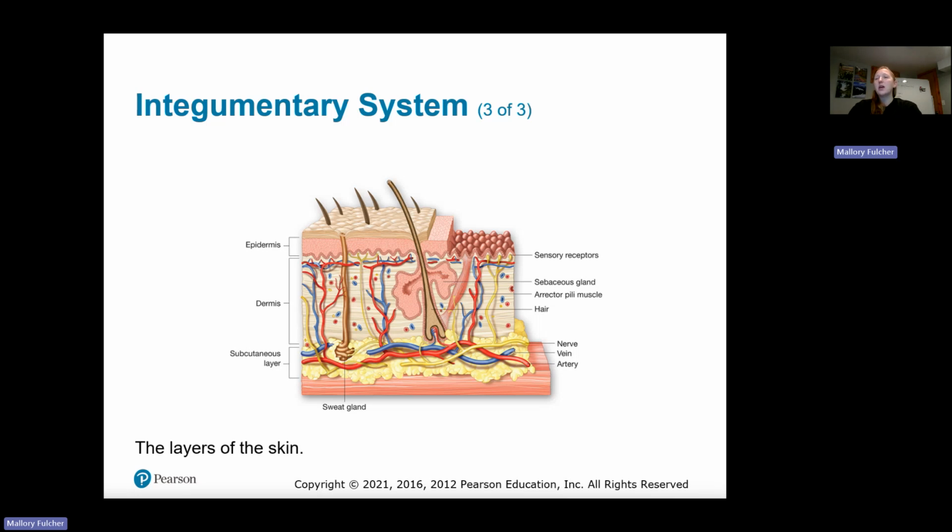For instance, if I were to say, where are the hair follicles located, the base of the hair follicles, I wouldn't expect you to know that it's in the dermis, right? I do want you guys to know the difference between epidermis, dermis, and subcutaneous layer. When we start talking about burns, it comes in handy, and in our trauma lectures, it comes in handy to know where those different layers of the skin are located.